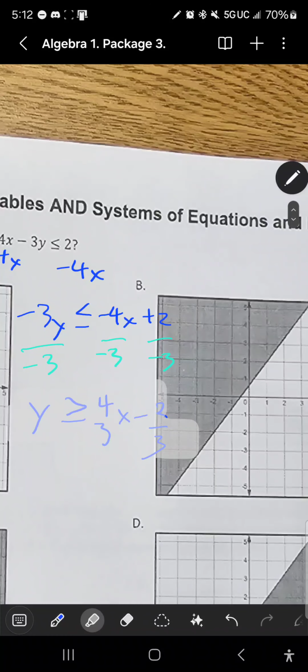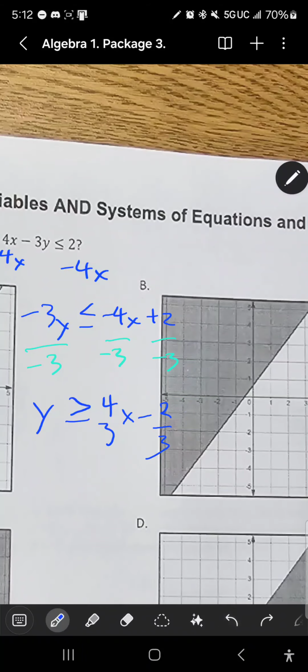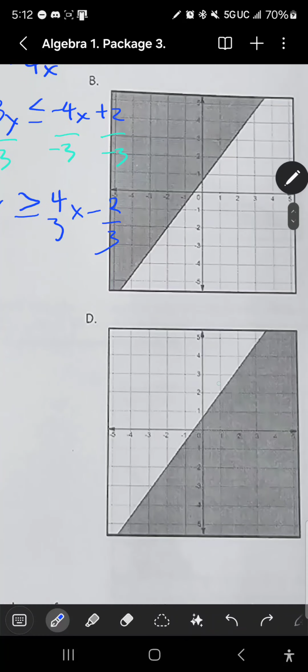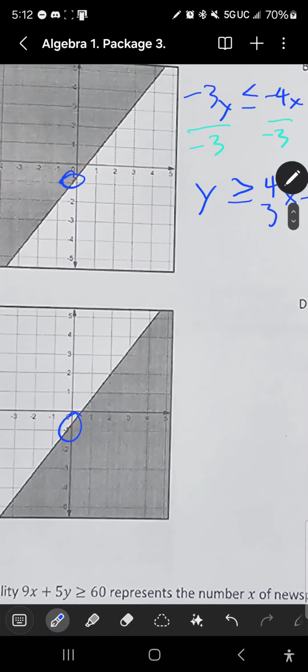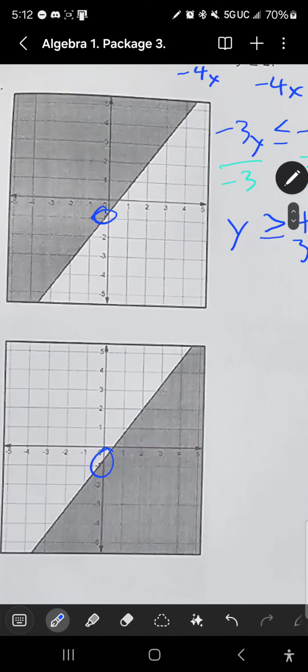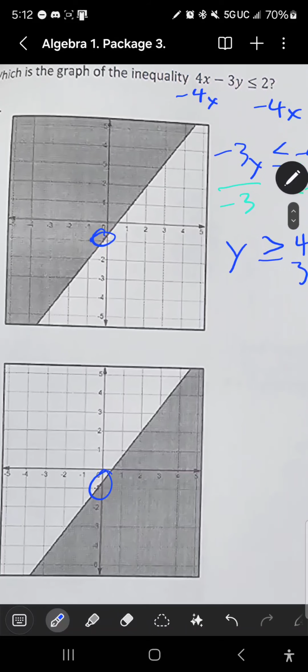First of all, I want to look for the y-intercept. That's the easiest thing to see, at least for me. So I'm going to say, okay, this is not the one. This is 2 over 3 positive. This is not the one, 2 over 3 positive. This right here is what we are looking for. Now, they both have the same slope, so I wouldn't worry about it.